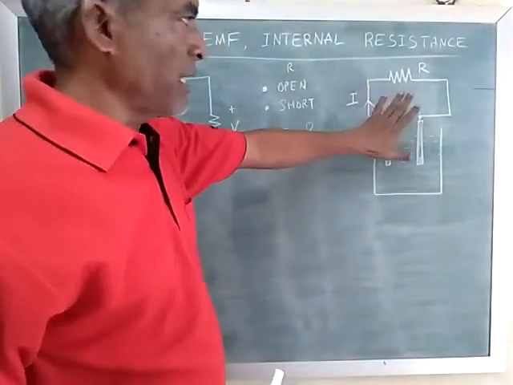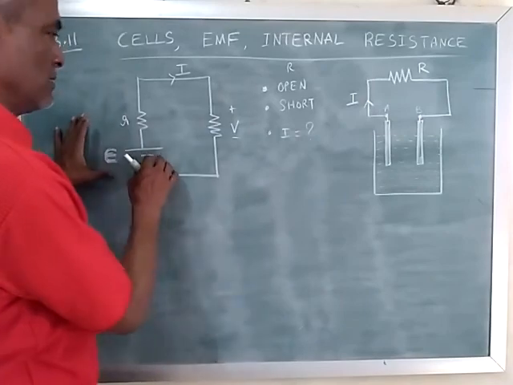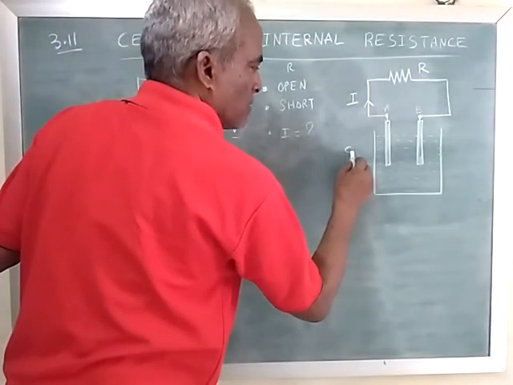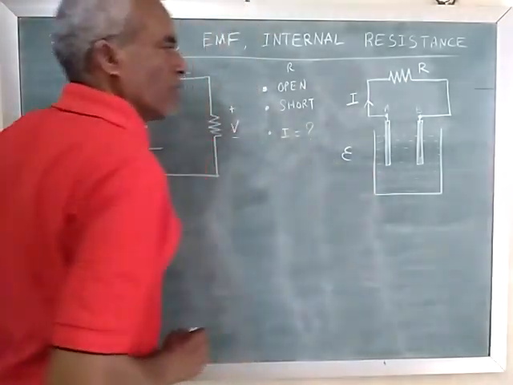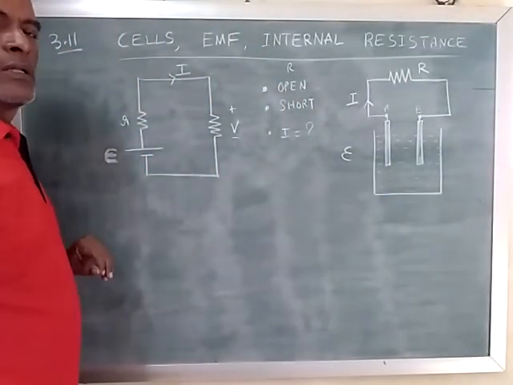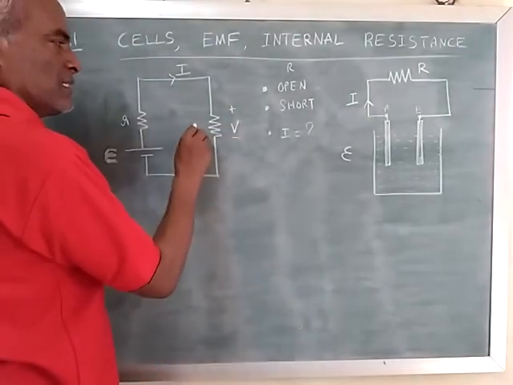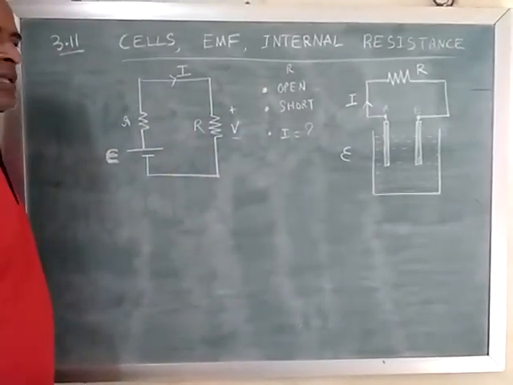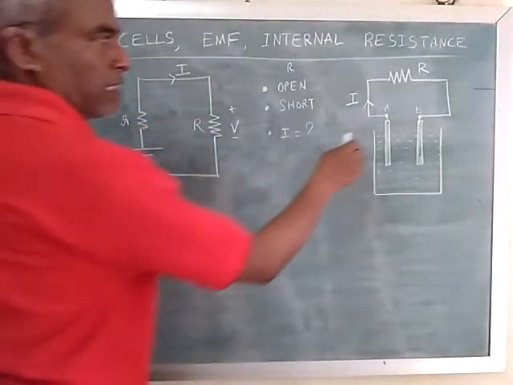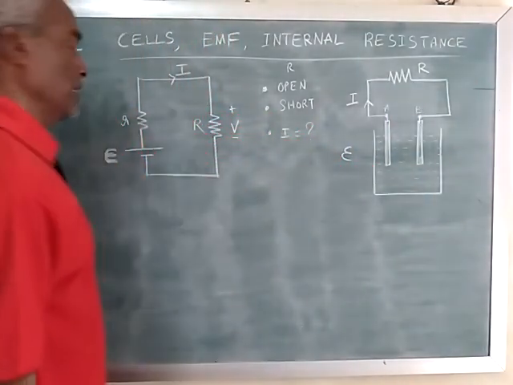So the equivalent diagram for this is drawn like this. The EMF produced by the cell, I am calling it as E. The voltage drop across the resistor is R. The current flowing in the circuit is I when R is connected. R is connected when externally a resistance you are connecting.